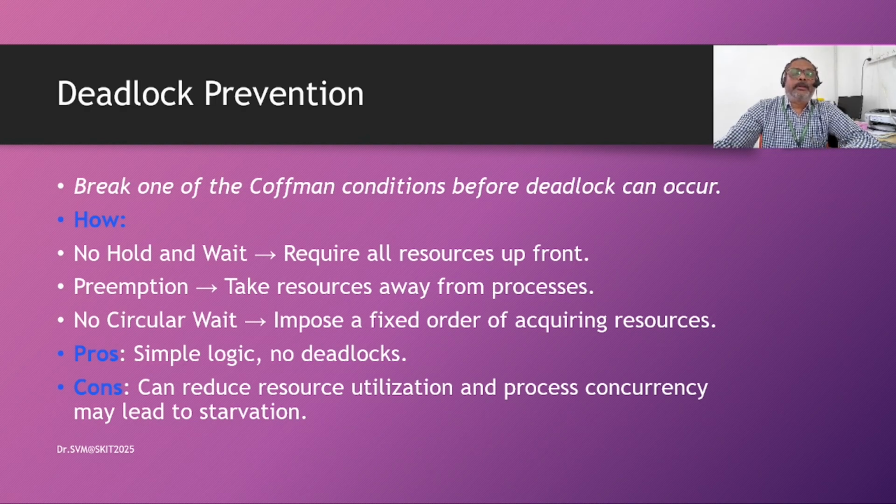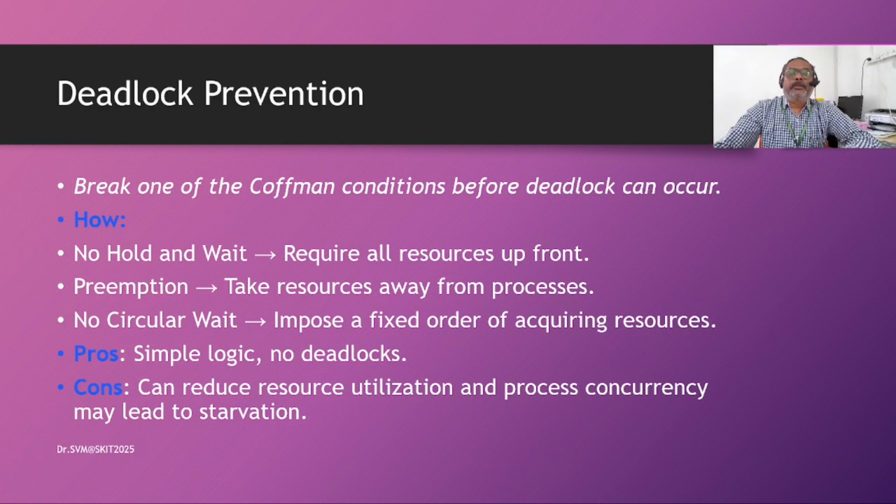If all of them are not available, don't use them. With that, the utilization of the resources may come down, and if all of them are not available at any given time, then a process will never be able to continue its job, so it can lead to starvation.